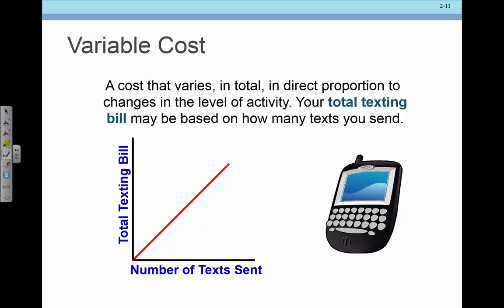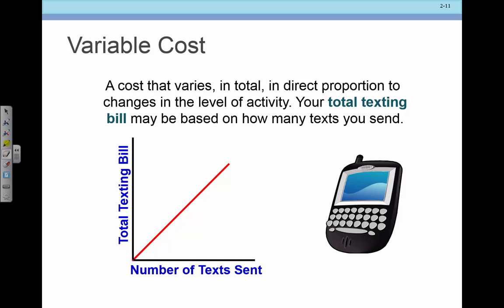So variable costs always intersect your cost line at the point of origin, because if you have 0 volume, you've got 0 cost. Say it's 2 cents a text. For every text you send, what happens to the line? It increases directly with volume.